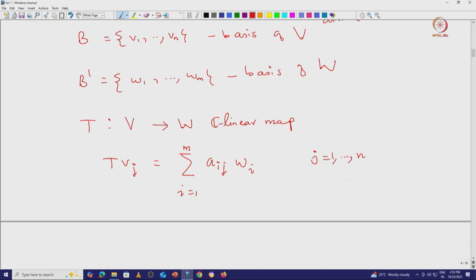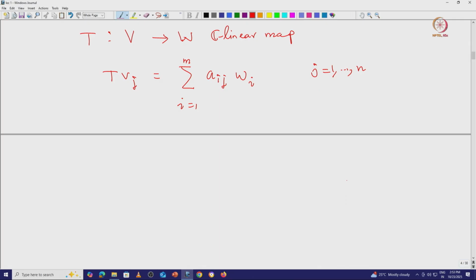Now the matrix of T with respect to these bases is nothing but these coefficients a_ij, which you record as a matrix. So, the matrix of T with respect to B and B dash is defined to be these coefficients a_ij, which is an m by n matrix.